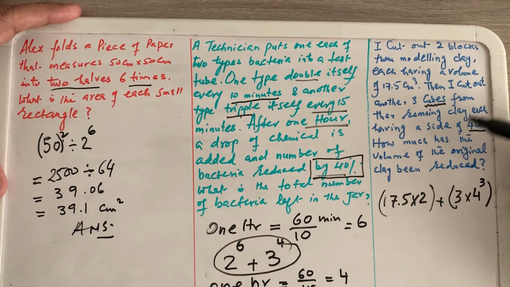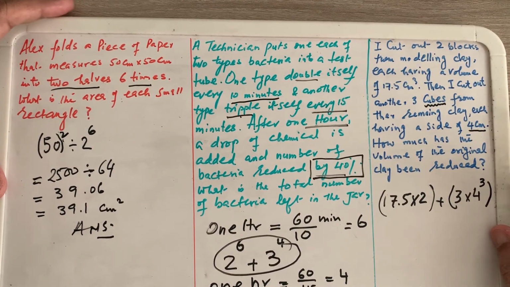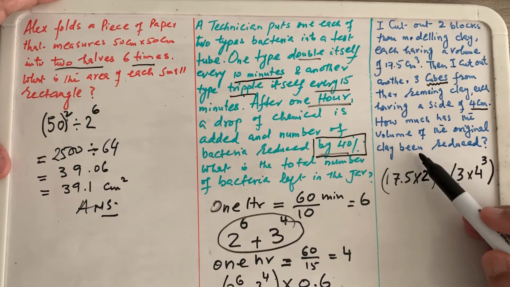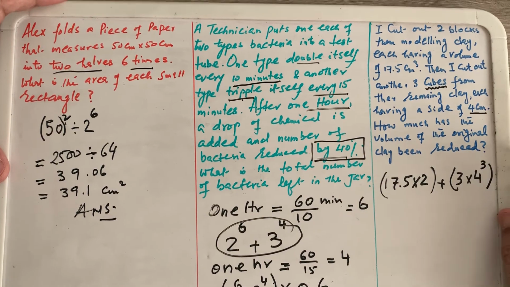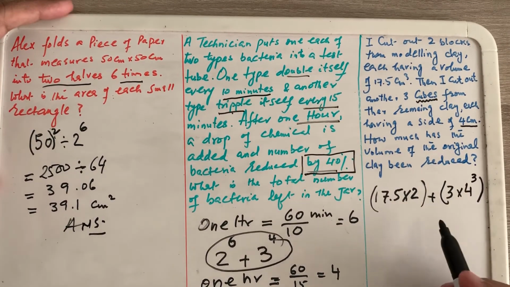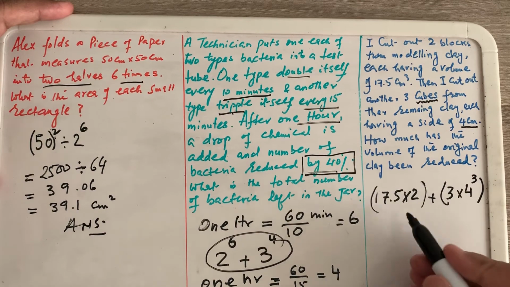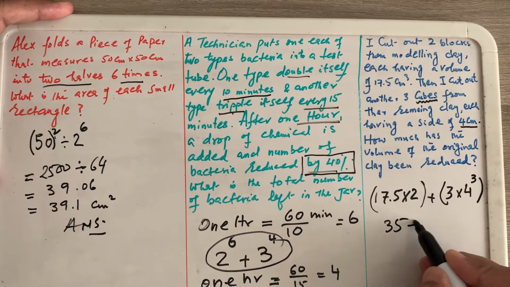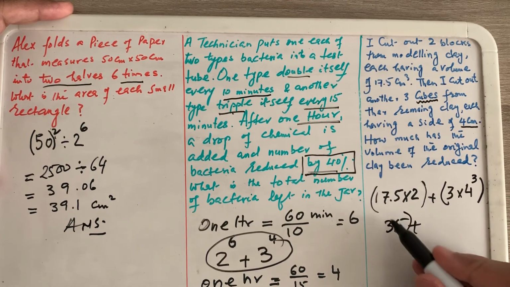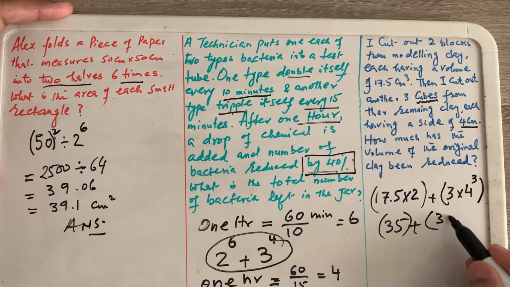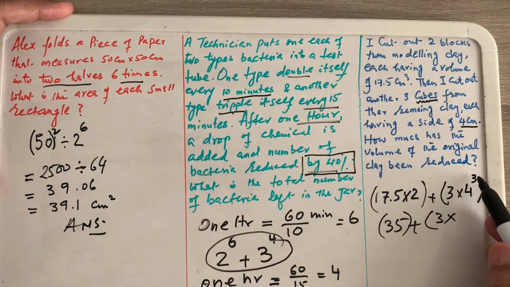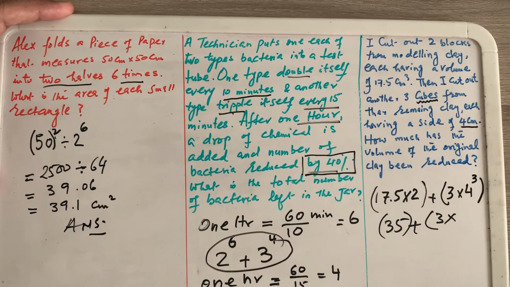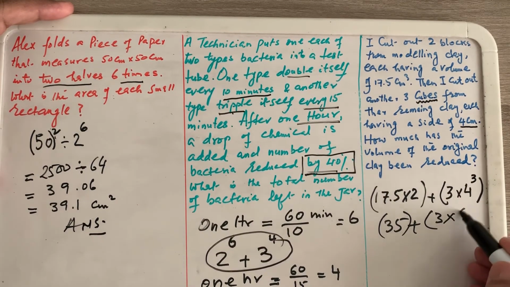How much of the original clay has been reduced? So now I have my mathematical expression. 17.5 times 2 is 35, and plus, you can keep one more parenthesis so that you are clear. 4 to the exponent 3 means 4 times 4 times 4. 4 times 4 is 16, times 4 is 64.